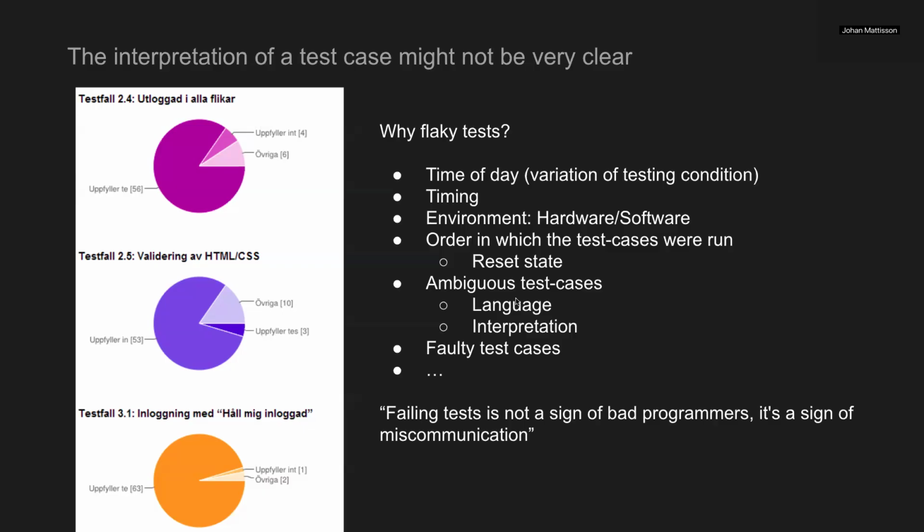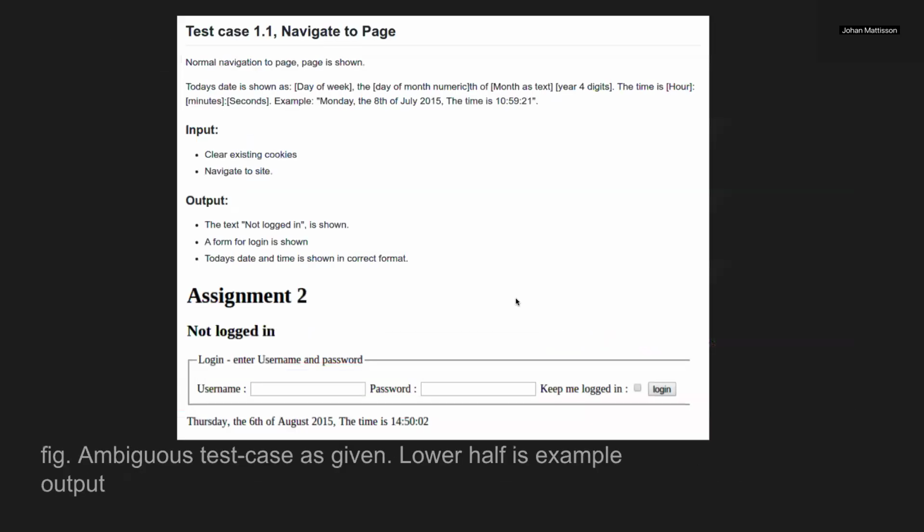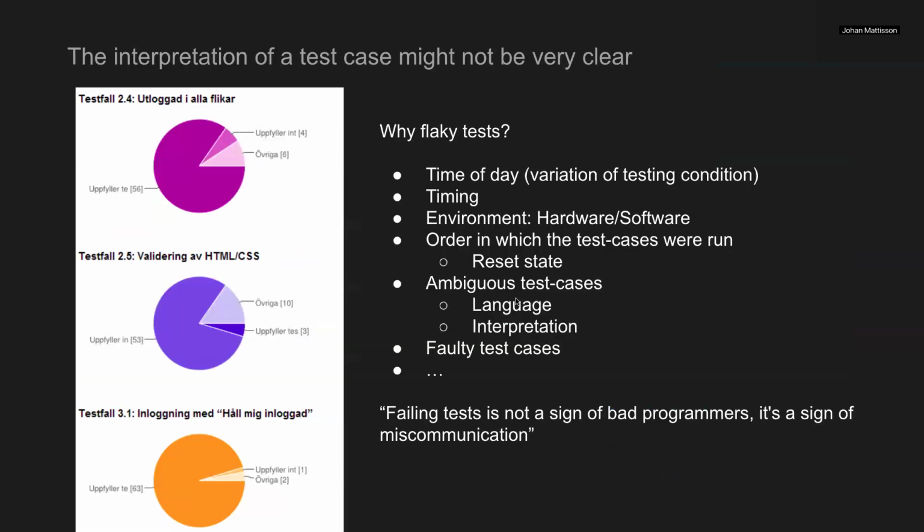The tricky part can also be the interpretation of the test case. So we had a specification a few slides ago, basically. Was this very clear? Do you think this was very clear? It's pretty clear, but it could probably be better in some cases. I don't have a good example of what could be better, but apparently someone misinterpreted it, or just basically clicked, does it conform or does it go through.